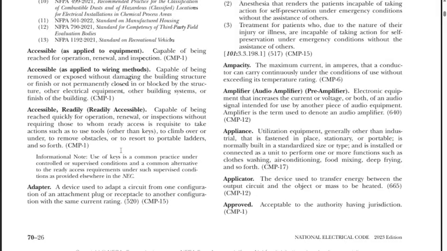All right? They are not allowing us to apply a tool to readily accessible, but a key can. Here again, can't climb over something. So now going to grab the ladder is not good. For the one before that, grabbing the ladder was fine for regular accessible. For readily accessible, as it says here, cannot. Without requiring those to whom ready access is a requisite such actions as a tool, climbing over or under something, or removing an obstacle.